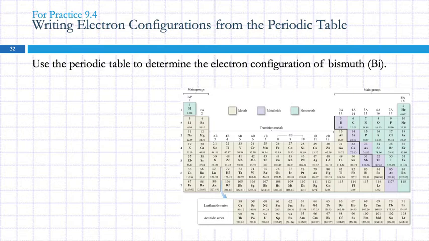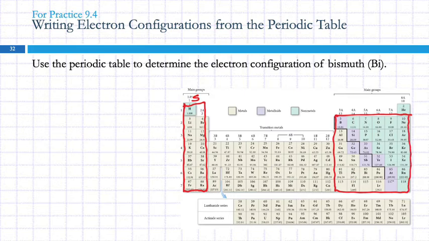So here's a more regular periodic table that's not all color-coded. But we could identify those blocks, right? So this is the S block. And over here, because helium's misbehaving, that's the P block.